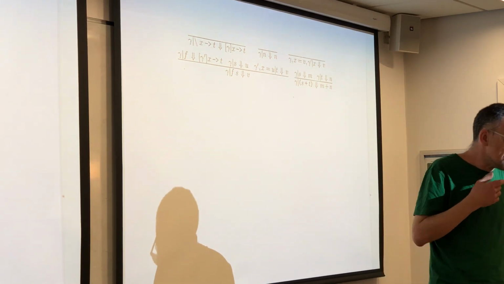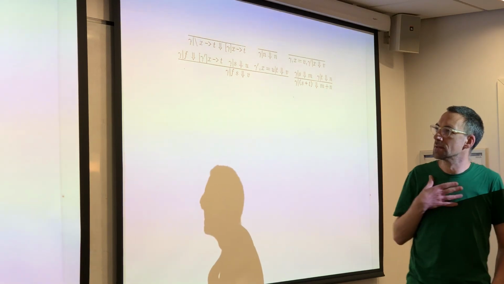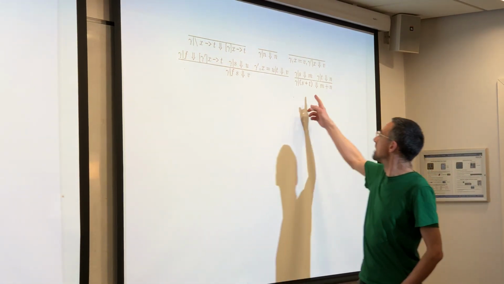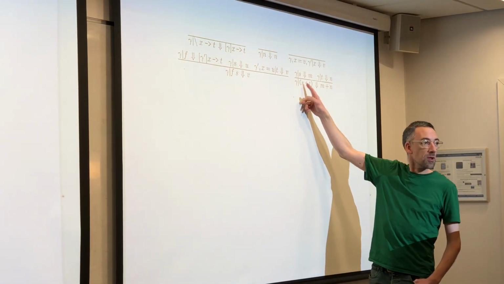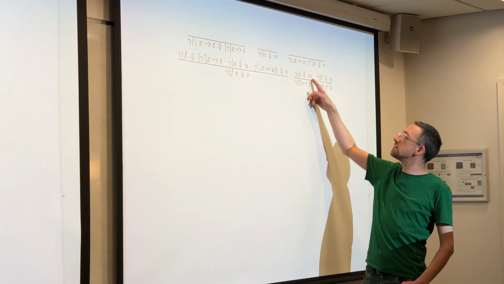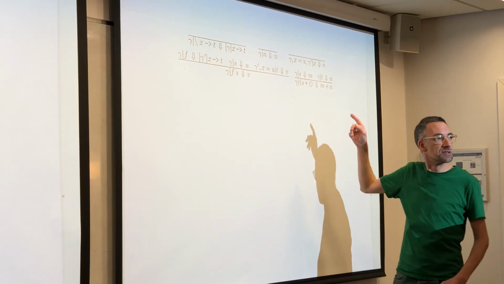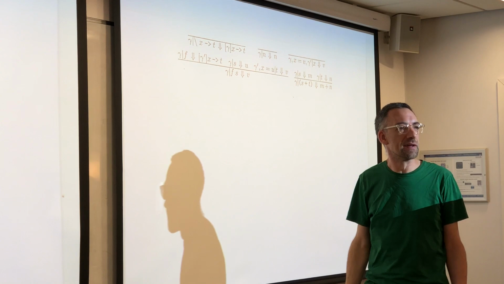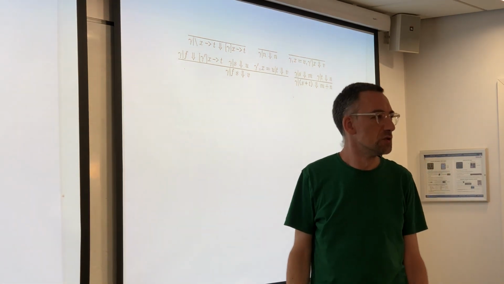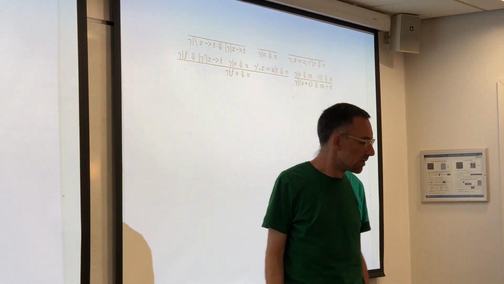The rules say things like, if both sides of a plus evaluate to numbers, then the whole thing evaluates to the sum of those numbers.